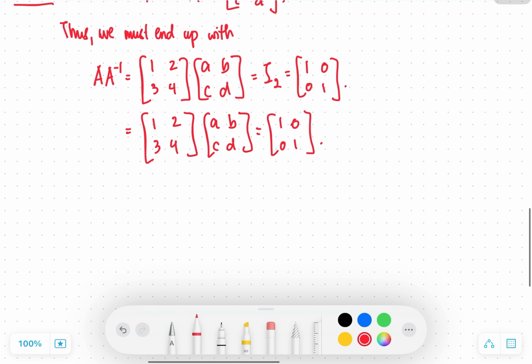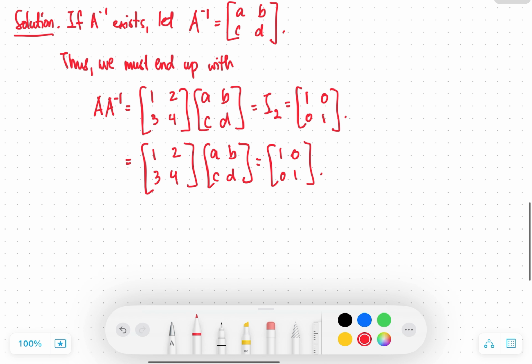What we want to do is just apply matrix multiplication on the left hand side of this equation. What we have is 1 times a plus 2 times c. Where did I get that? I'm just going to highlight it so that you can see where it came from. Entry 1, 2, we have 1 times b plus 2 times d.